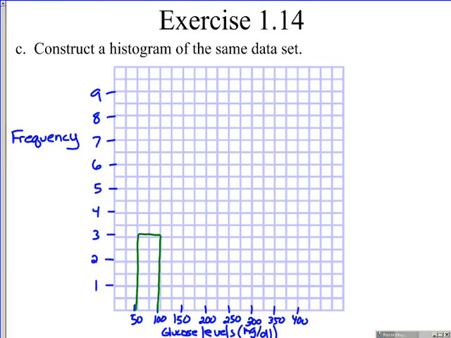Between 100 and 150 go up to 7. Next group back down to 5. Down to 0. Back up to 2. Down to 0. And the last group here, back up to 1.